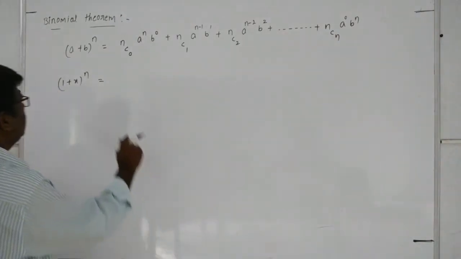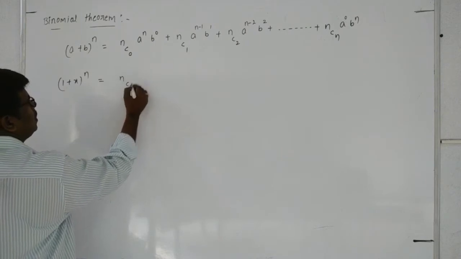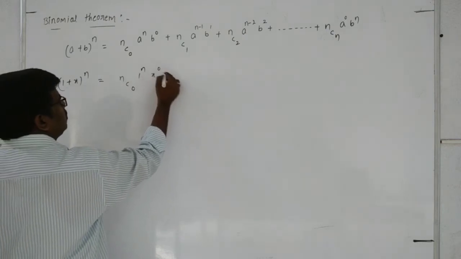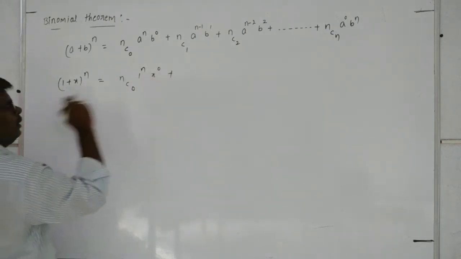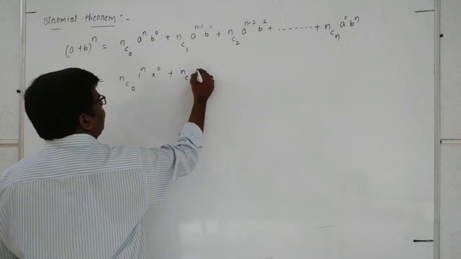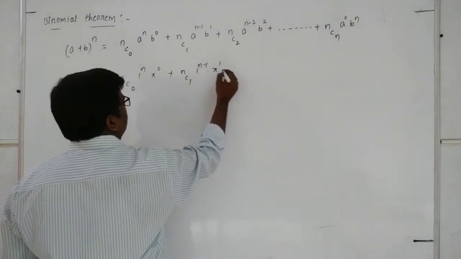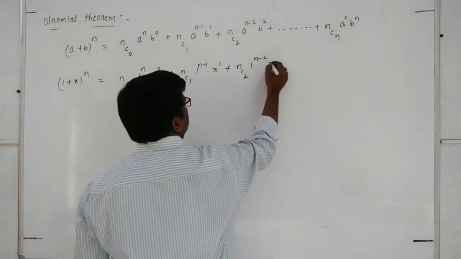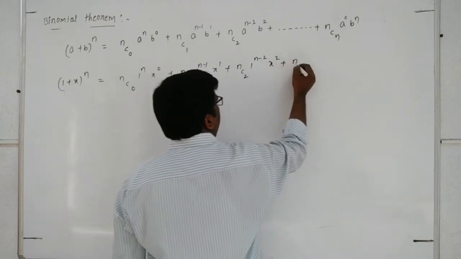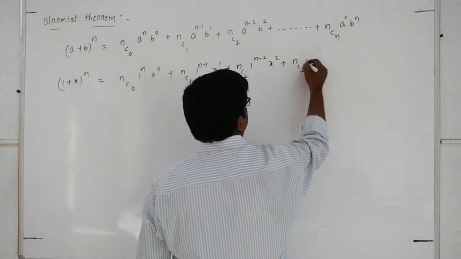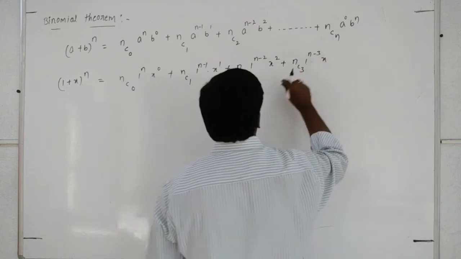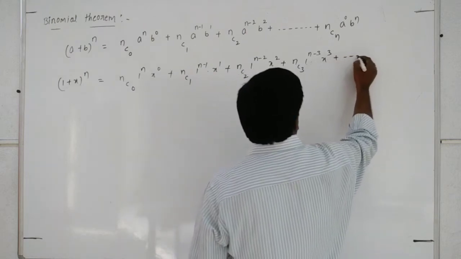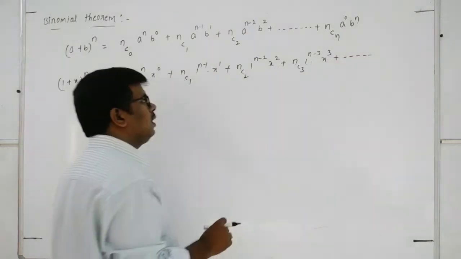So, nC0 (1) power n, x power 0, plus nC1 (1) power n minus 1, x power 1, plus nC2 (1) power n minus 2, x power 2, plus nC3 (1) power n minus 3, x power 3, and so on.